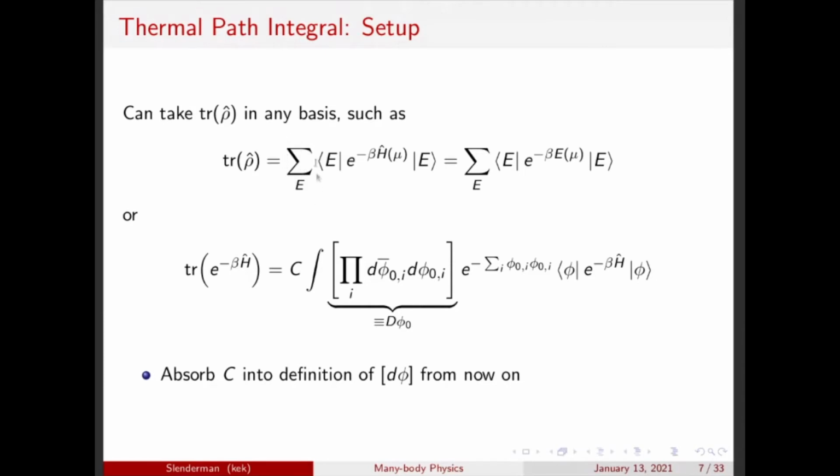As an example, here's the energy eigenbasis, where this operator is diagonal. So if we're using the basis where the Hamiltonian is diagonal, this means we can evaluate this. The energies E pop out like such.